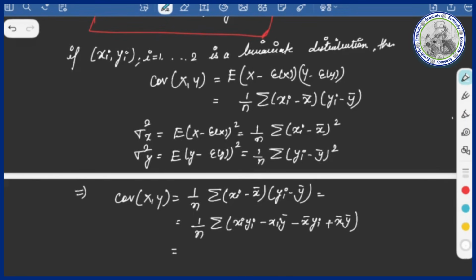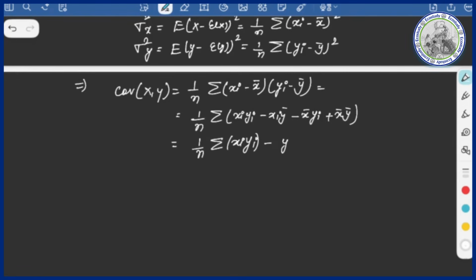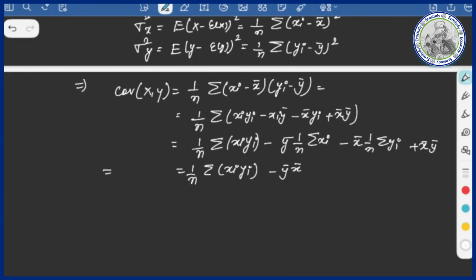Taking 1 upon n with all the terms, we get 1 upon n sigma xi yi minus y bar times x bar minus x bar times y bar plus x bar y bar.